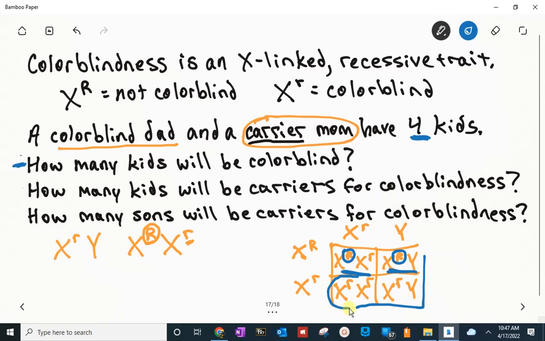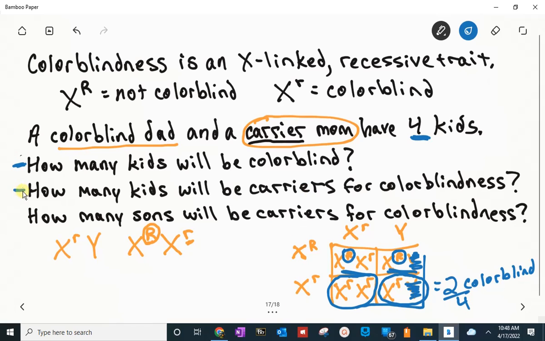But down here we have 2 recessive R's for colorblindness, and down here we have a recessive R on the X chromosome for colorblindness, and the Y chromosome just doesn't contribute anything. So we're going to have 2 out of the 4 children are going to be colorblind. So 2 out of the 4.